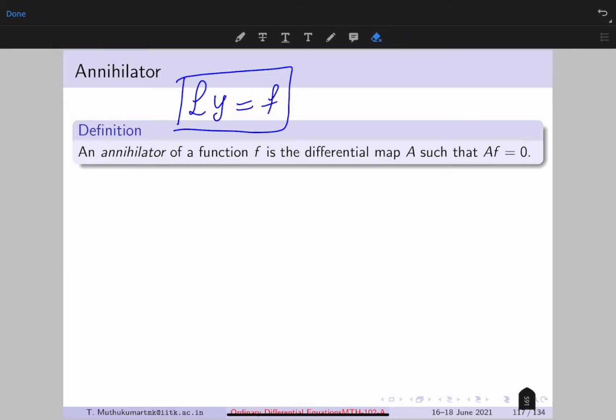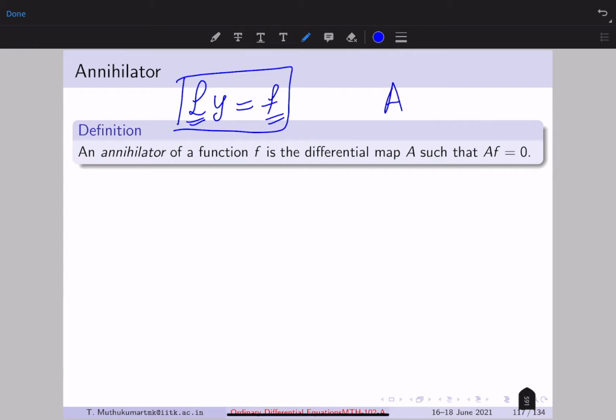So the idea is, suppose I can find a differential operator, right? Let's call it A. So f is given to you already, L is given to you, because L is the differential equation, which means all the coefficients are given.